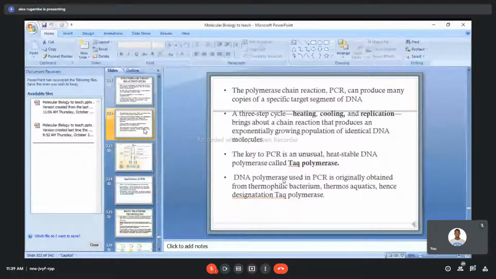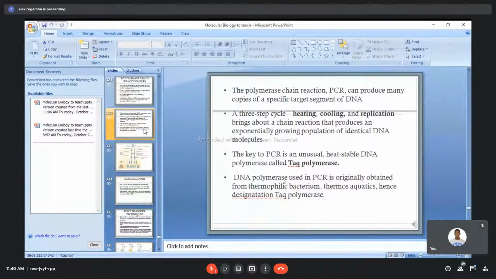So PCR has 3 steps, which involve heating, cooling, and replication. The heating is what is called the DNA denaturation.